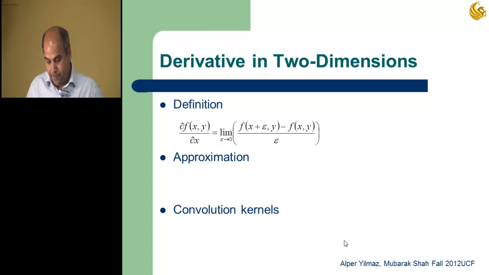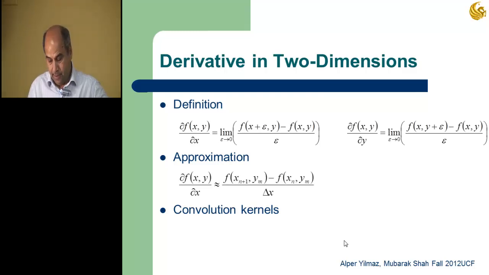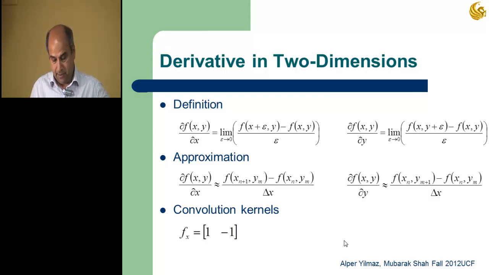The derivative is defined like that, and we will approximate it with delta x being 1, and then we'll have a kernel as we have mentioned before.